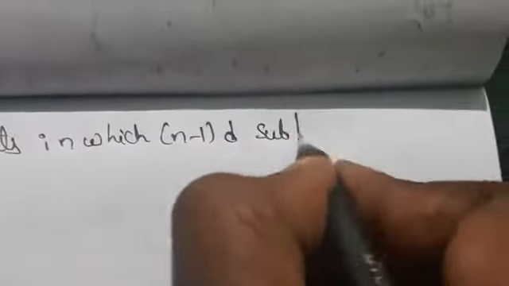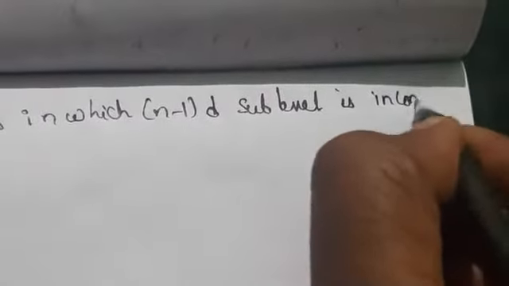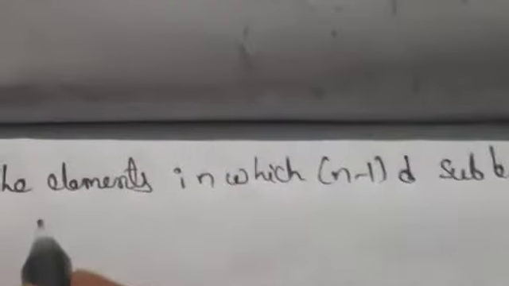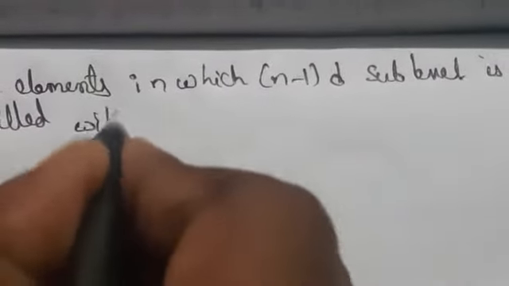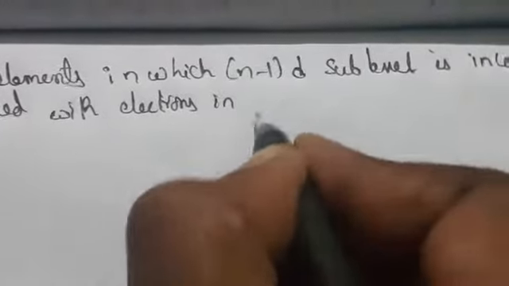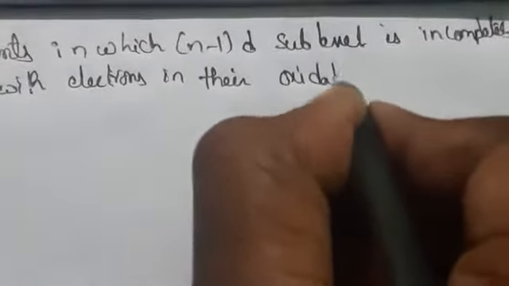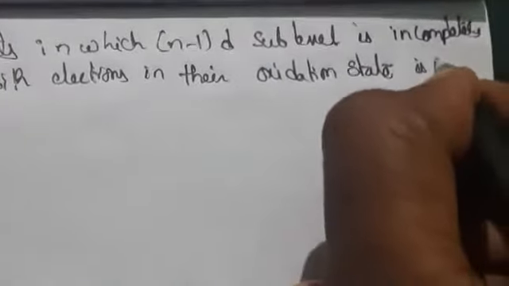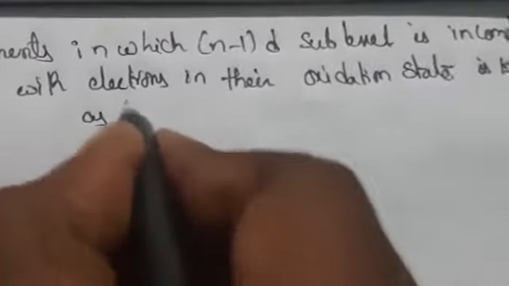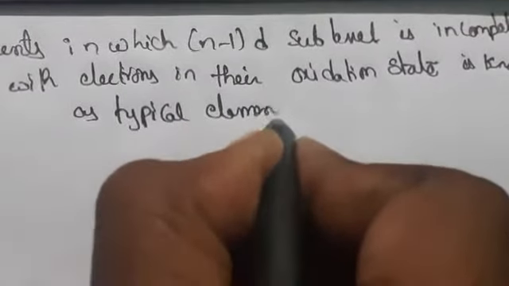Typical elements are the elements in which the n-1 d sublevel is incompletely filled with electrons in their oxidation state. These are known as typical elements.